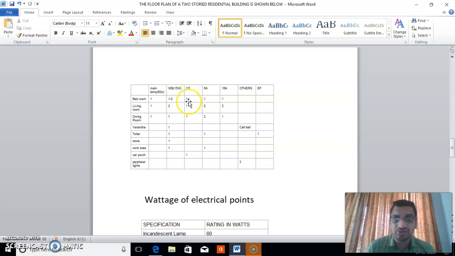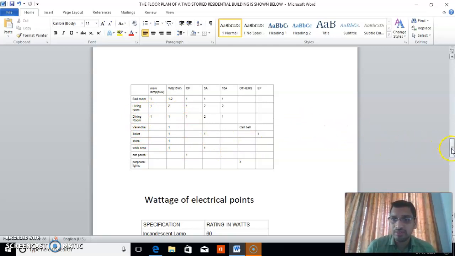One number of ceiling fan is required in bedroom, then one number of 6 ampere and one number of 16 ampere. Similarly, in living room, main lamp 1, WB 2, CF 1, 6 ampere 2, 16 ampere 2. So the number of electrical points required in a building in different type of rooms are available in this table. So that is the table number 2.